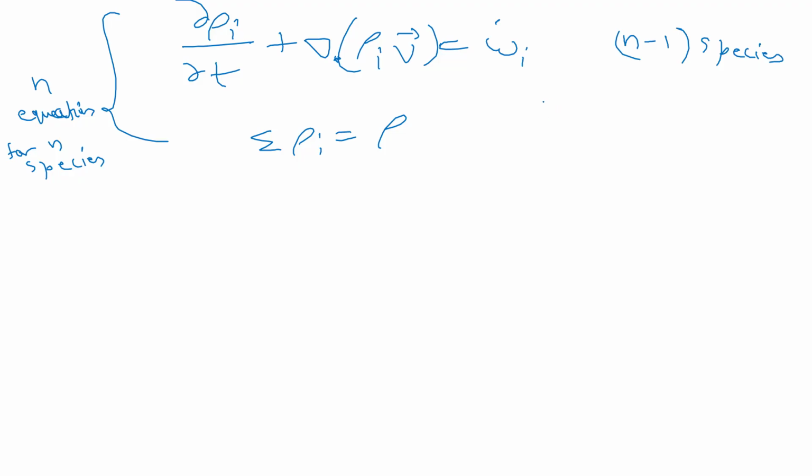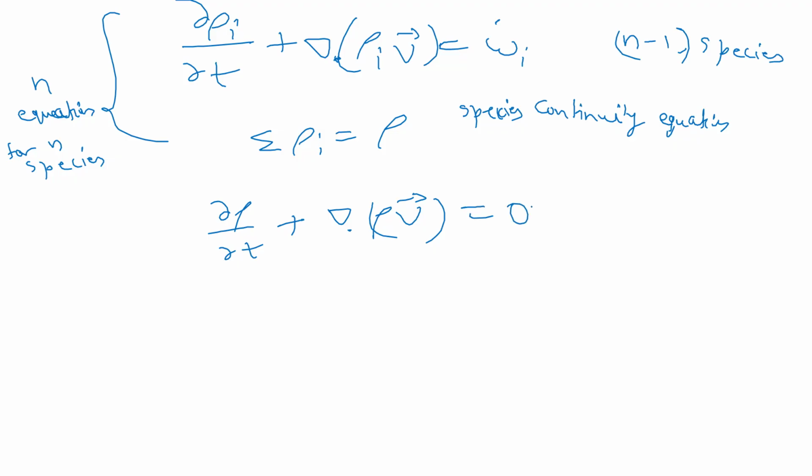These are the species continuity equations. One will be the global continuity equation, del rho upon del t plus del dot rho V vector equal to 0. This is the global continuity equation.